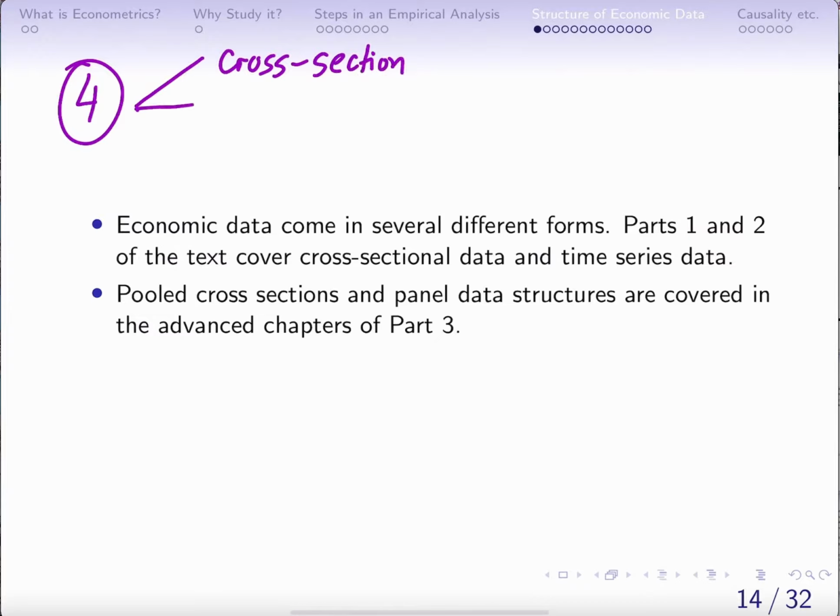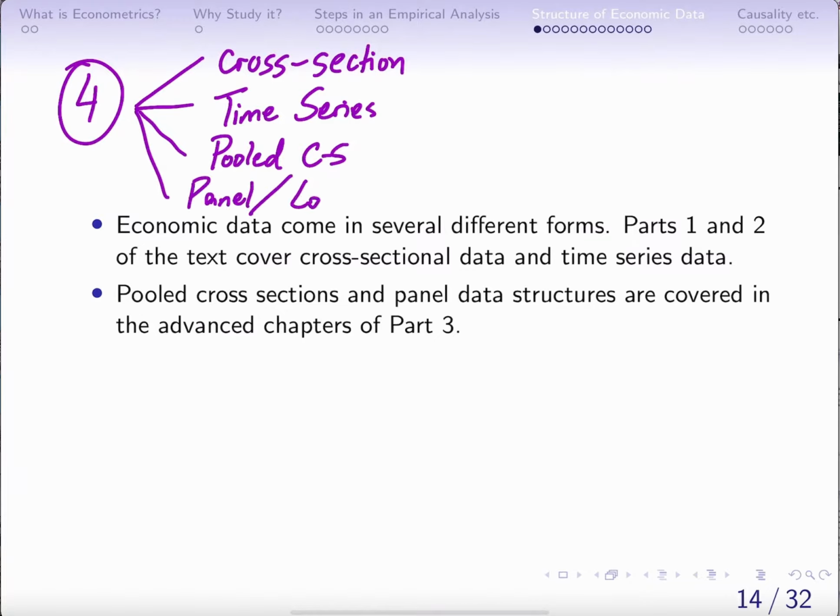The second type is called time series. The third type is called pooled cross-section. And the fourth type is called a panel or longitudinal data.